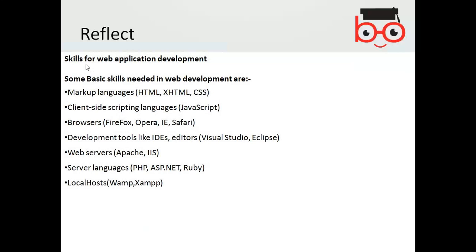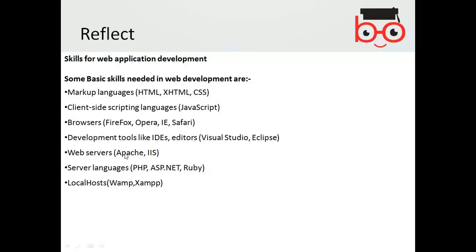Browsers, you should be aware of which types of browsers you use: Firefox, Opera, Internet Explorer, Safari, Google Chrome. Apart from this, development tools like IDEs, integrated development environments, editors like Dreamweaver, Microsoft Front Page, Visual Studio, Eclipse, and these development tools you should also be aware of.